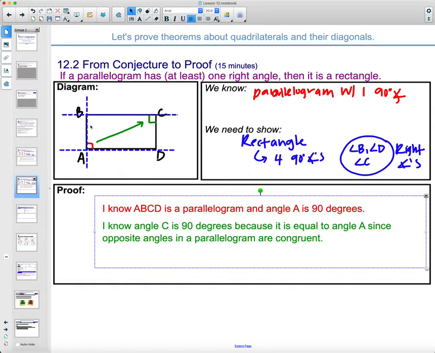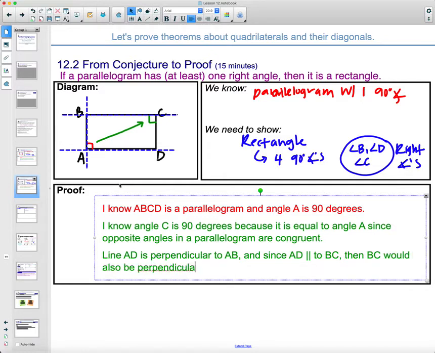Then how did we talk about getting angle B to be 90 degrees? We said line AD is perpendicular to AB, and since AD is parallel to BC, then BC would also be perpendicular to AB. So since AB and AD are perpendicular, and AD and BC are parallel, then BC and AB have to be perpendicular.